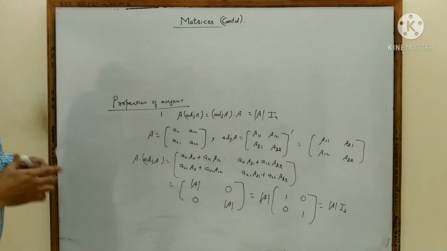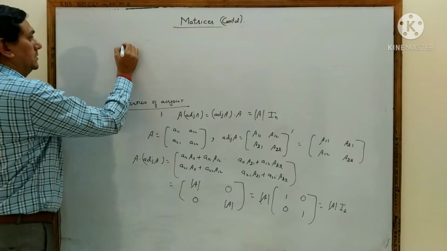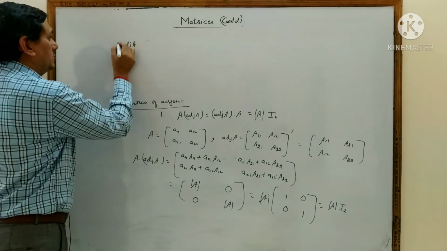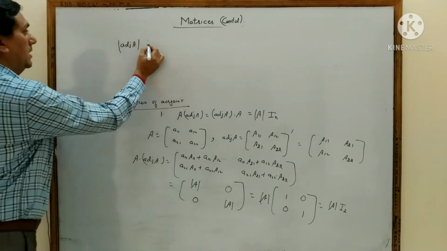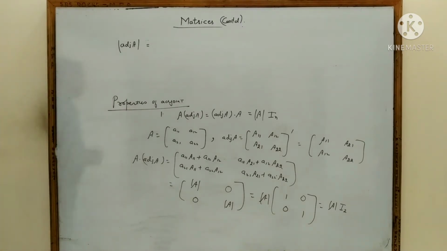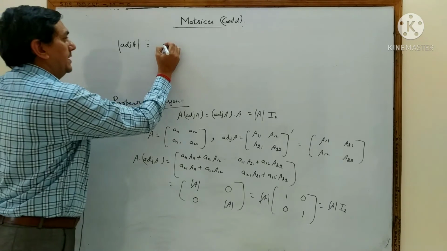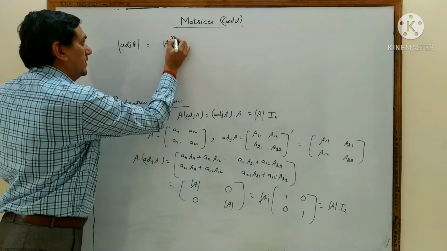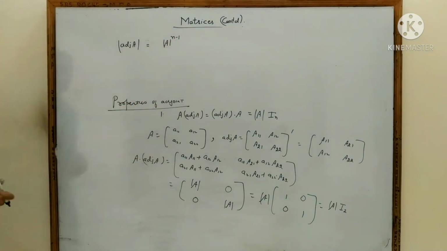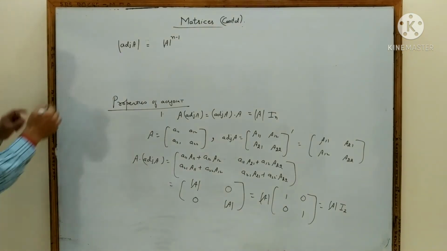Also there is a relation between the determinant of adjoint of A and the determinant of A. Determinant of adjoint of A is determinant of A raised to the power n minus 1. n stands for the order of the matrix. And we can prove it as follows.